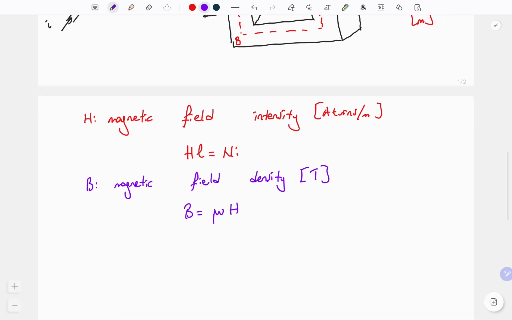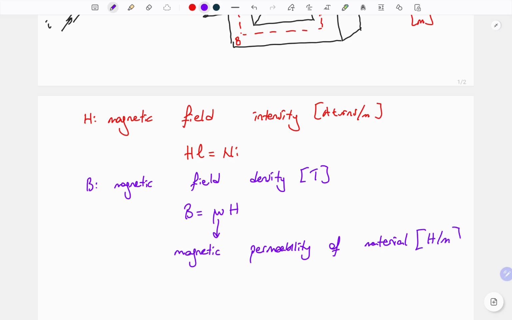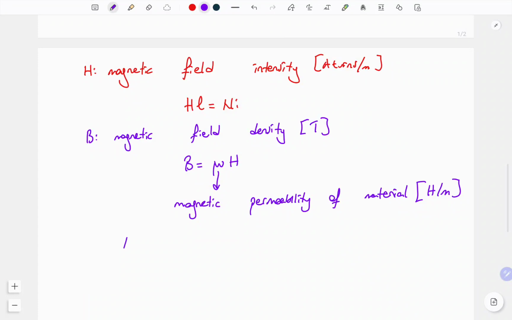So what is it? Mu represents the magnetic permeability of the material, and its unit will be Henry per meter. Also for mu, we must define mu r and mu zero. What are they?